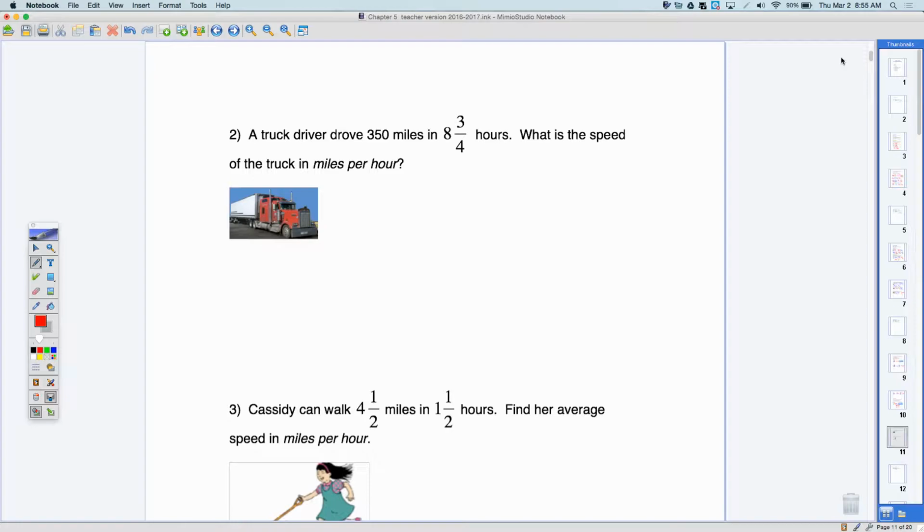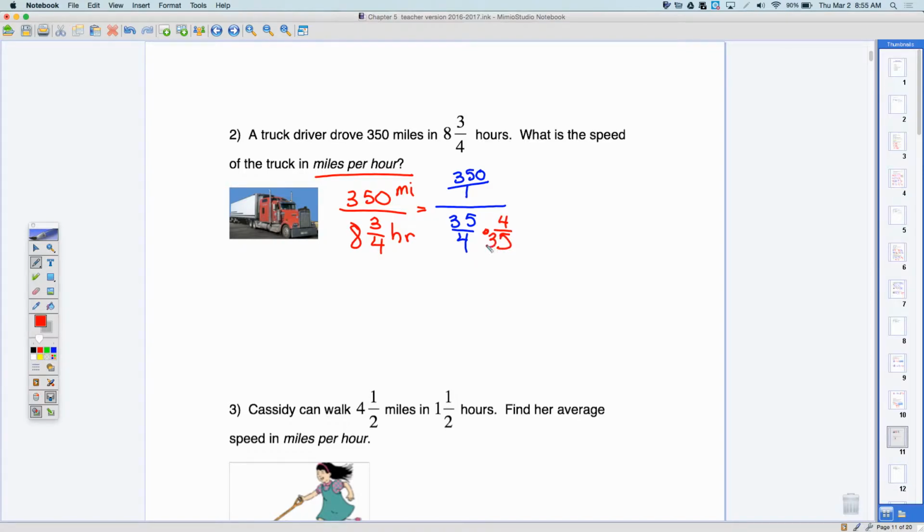A truck driver drove 350 miles in 8 3/4 of an hour. What is the speed of the truck in miles per hour? So make sure you put your miles on the top, so that's 350 over your hours, which is 8 3/4 of an hour. We can put our 350 over 1, and we can change our 8 3/4 to 35 over 4.